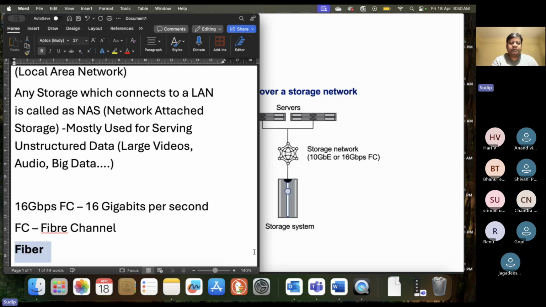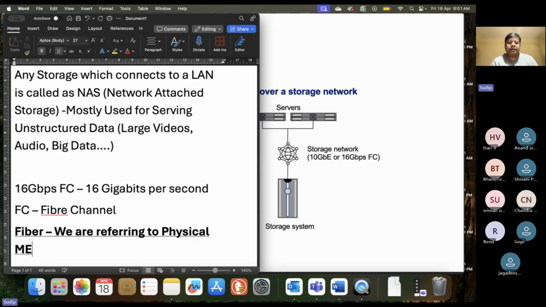When we talk of fiber, we are referring to physical media, which means fiber optic cables. You will see many fiber optic cables are used to connect to the internet. Similarly, these high speed fiber optic cables are also used inside data centers for high speed data transfer.